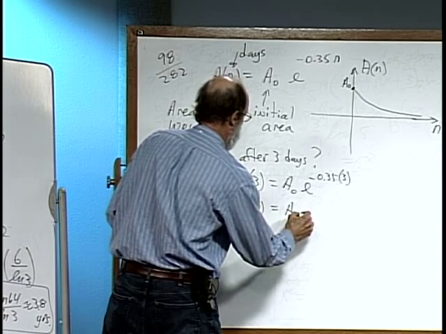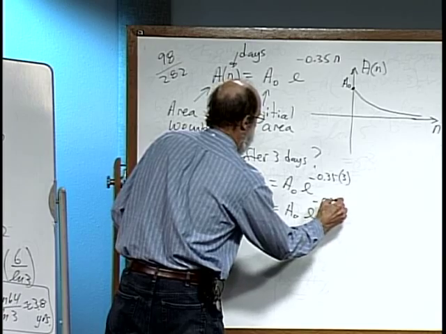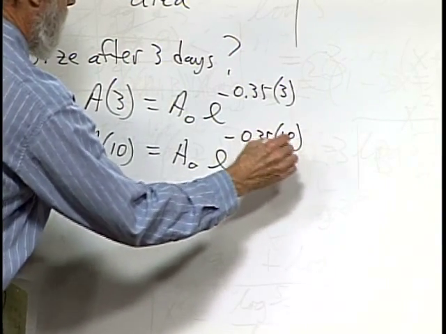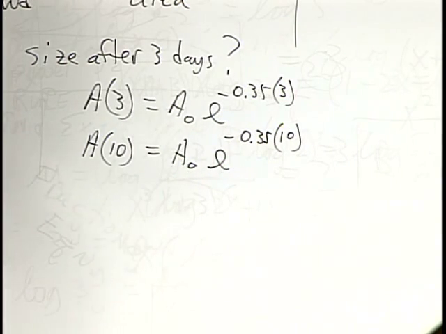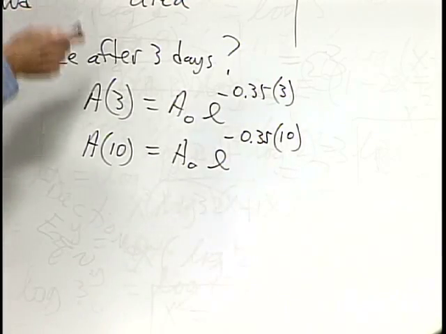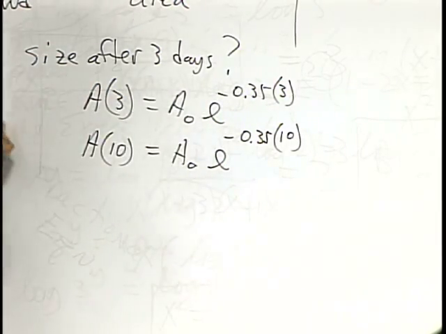So it's the initial area times e to the minus 0.35 times 10. Oh, actually, let me write that down. Here's part A. Part B was asking the size after 10 days.